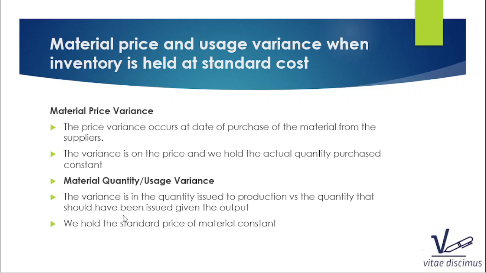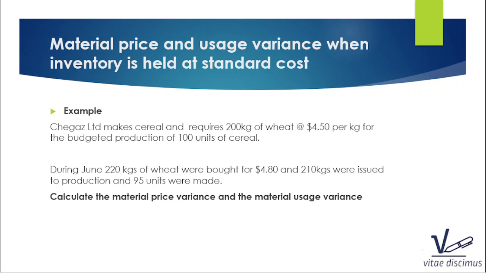So we hold our standard price of material constant, then we assess the difference between what you have issued and what we're supposed to issue to production. We're going to apply the same principles to our scenario as before, and we want to look at calculating the material price variance as well as the material usage variance and the journals thereof.